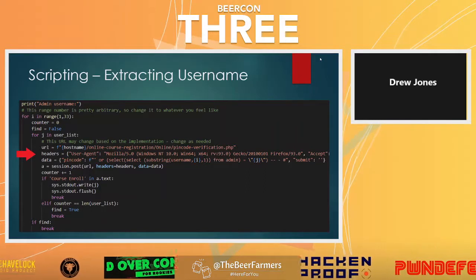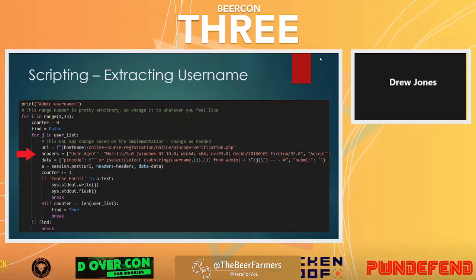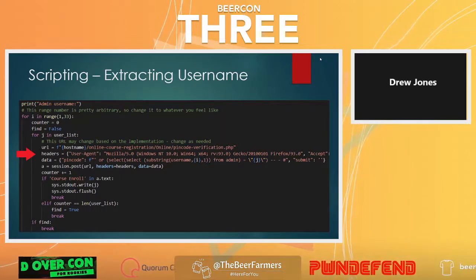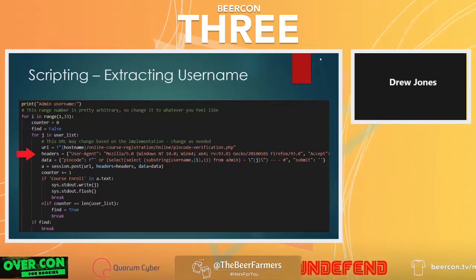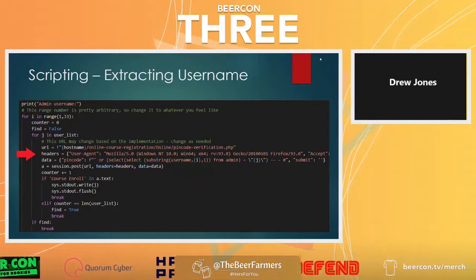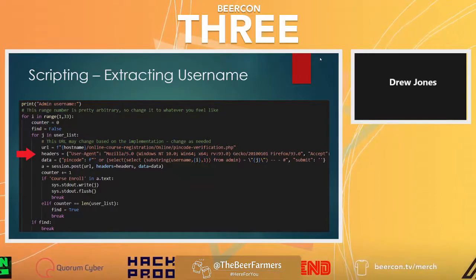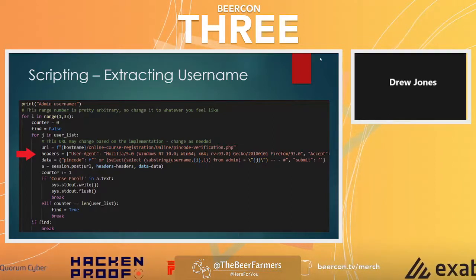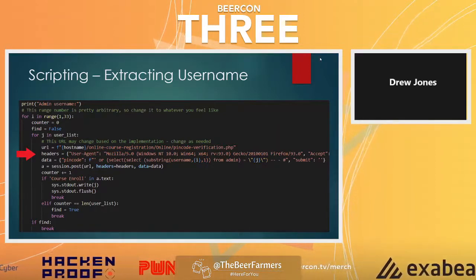So you see here, we're performing the same select substring username, and then we pass in the variable i. So here i is going to start at 1, which if you recall, 1 will be the first character from the database, and we're going to set it equal to j.